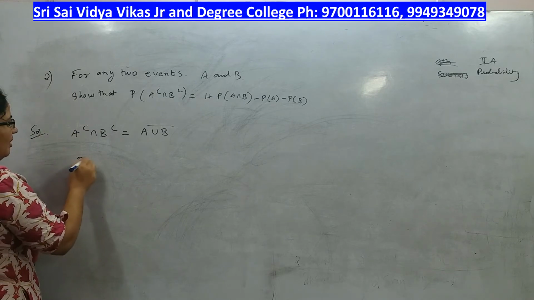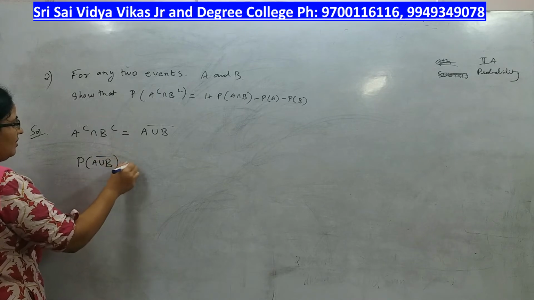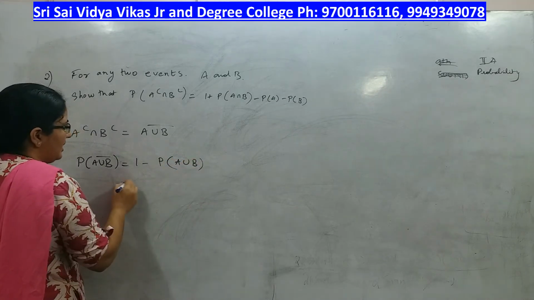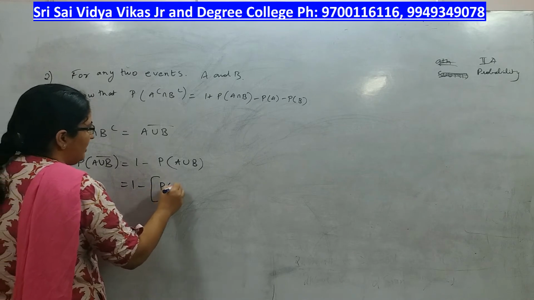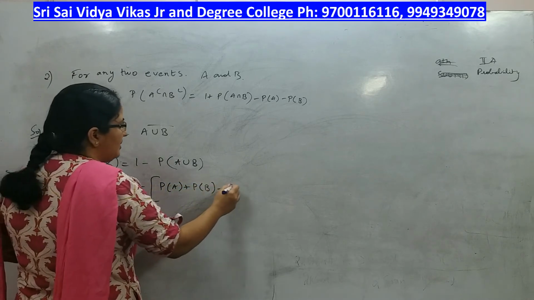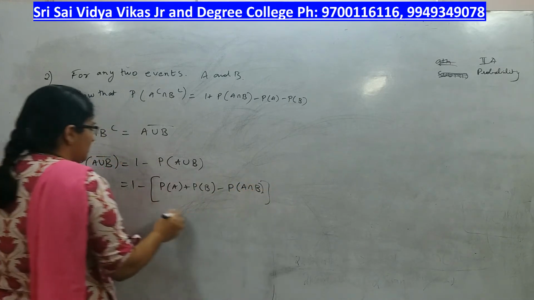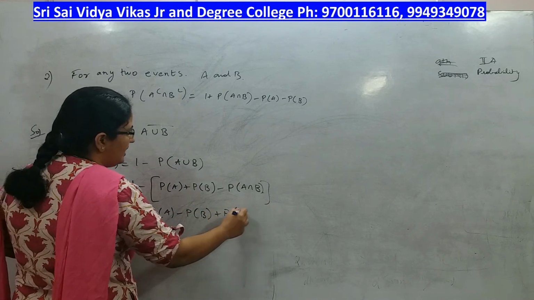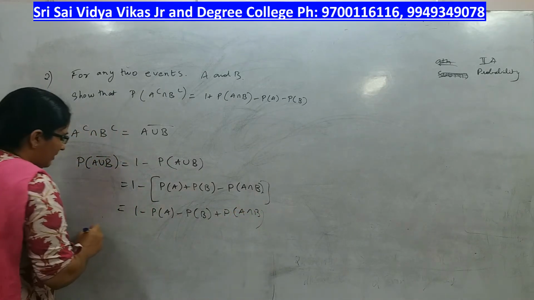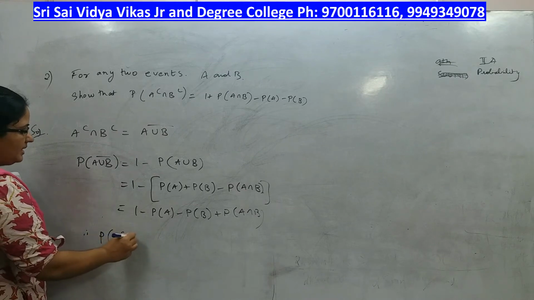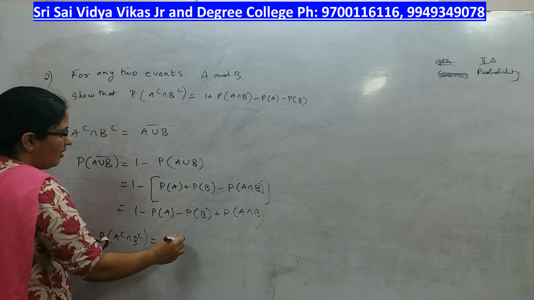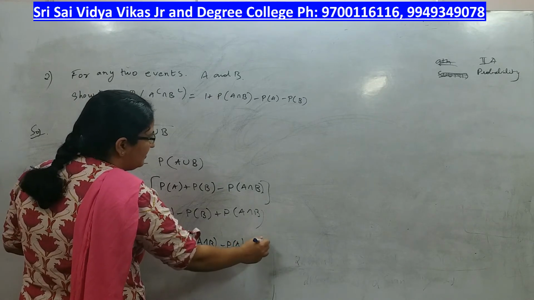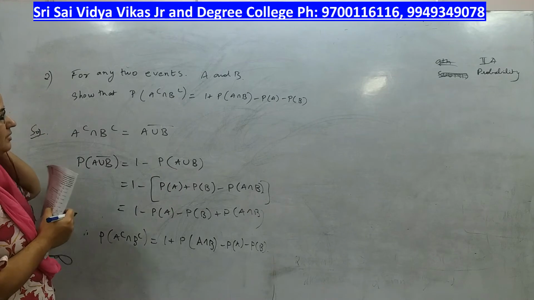Now, P of A union B bar is equal to 1 minus P of A union B. And P of A union B is nothing but P of A plus P of B minus P of A intersection B. So this is nothing but 1 minus P of A minus P of B plus P of A intersection B. Therefore, P of A complement intersection B complement is equal to 1 plus P of A intersection B minus P of A minus P of B. This is what you have.